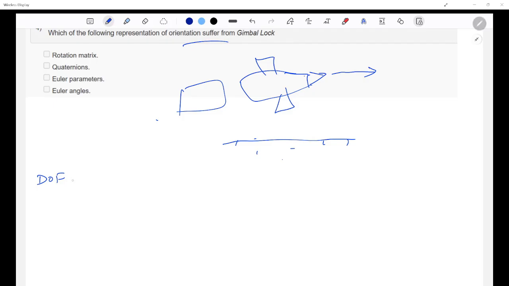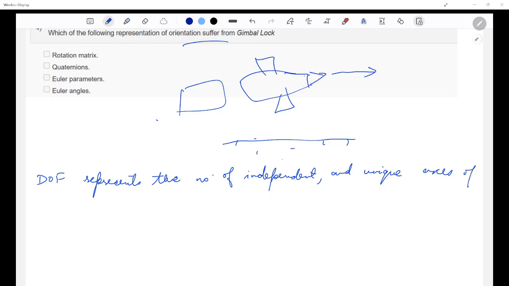So, degrees of freedom represents the number of independent and unique axes of motion, such as rotation or translation, that any robot can perform.